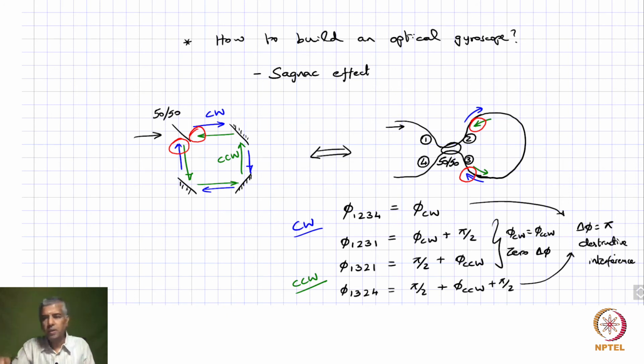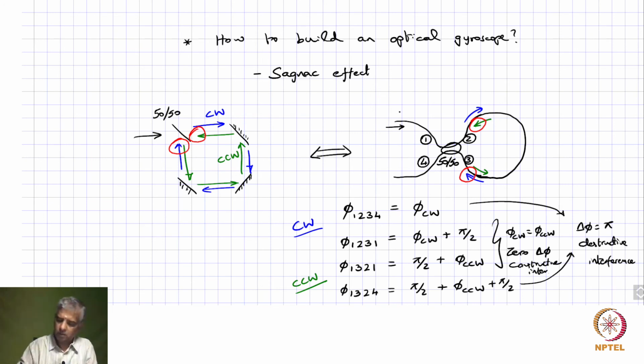So without any perturbation, in this case we are looking at rotation as a perturbation. Without any rotation, if everything is static, then what we see is it's actually going through constructive interference at port 1.